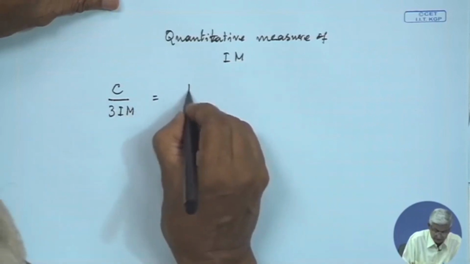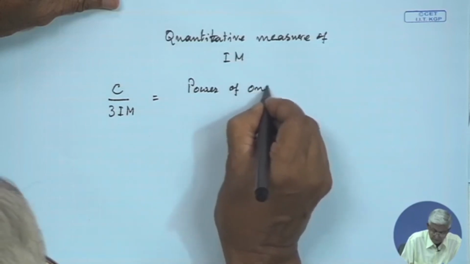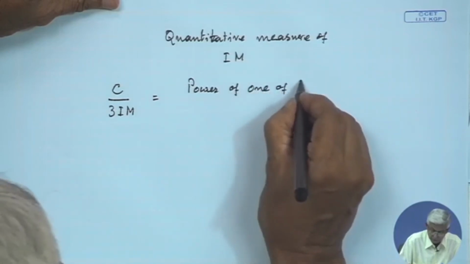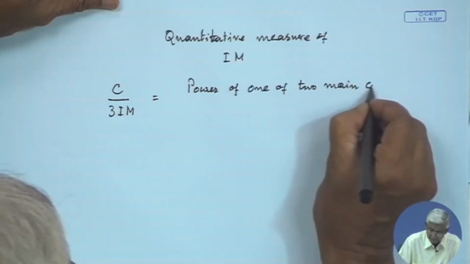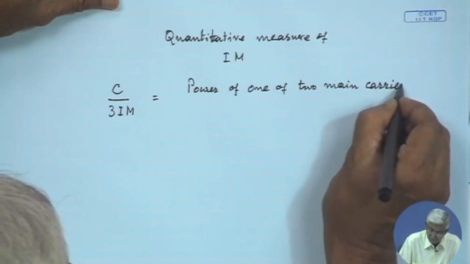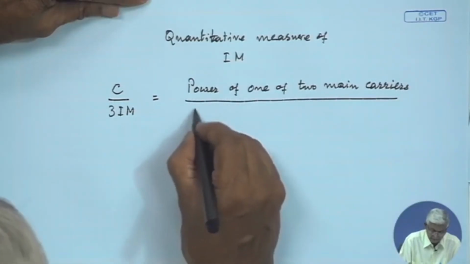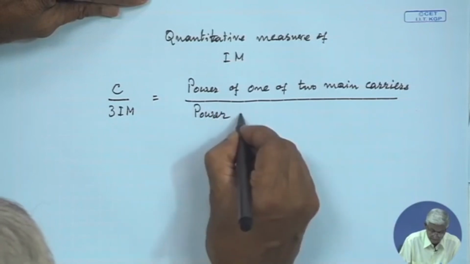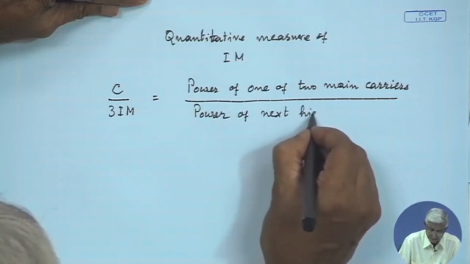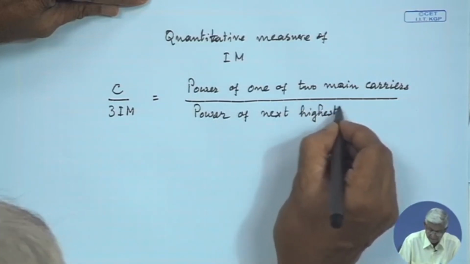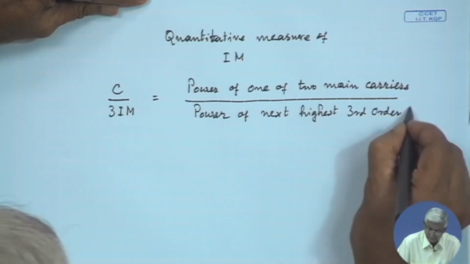It is defined as the power of one of the two main carriers divided by the power of the next highest third order intermod.